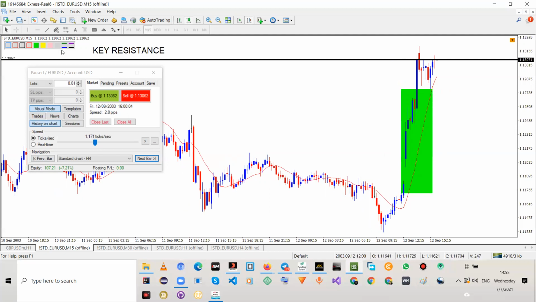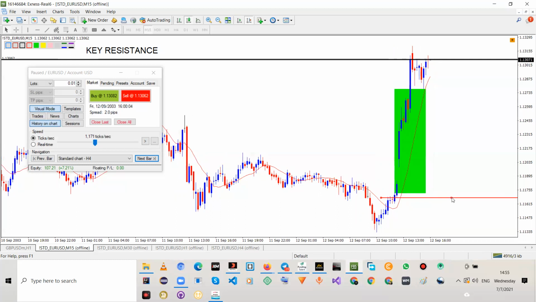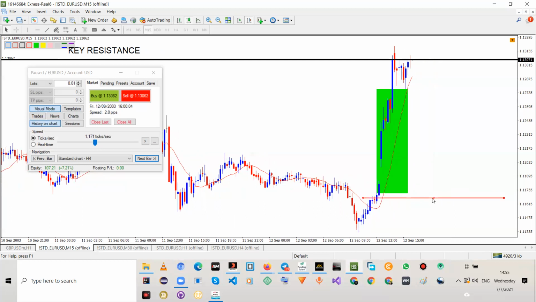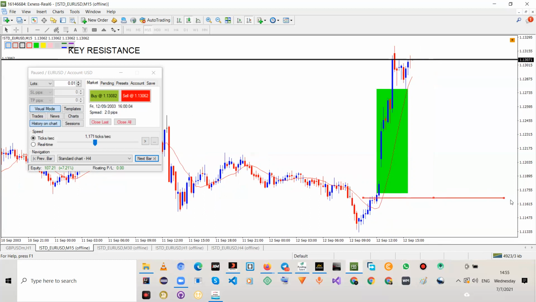So this area we can simply call a base, where we are expecting the liquidity void to come and rebalance.